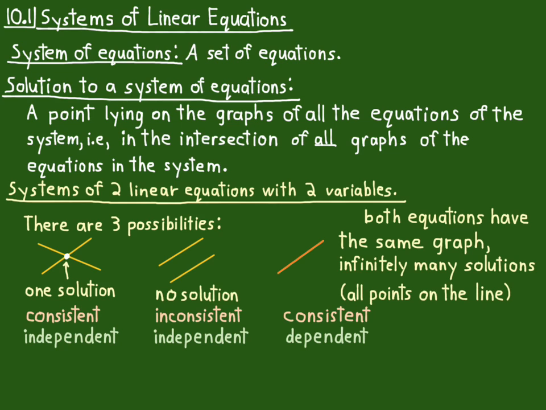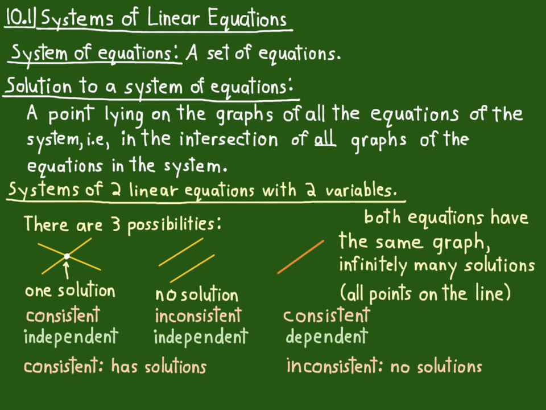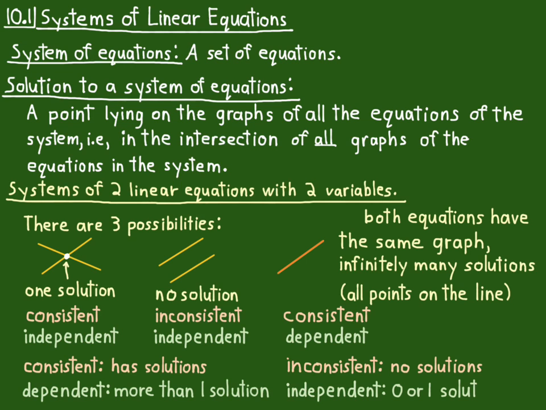But for us, independent is just going to mean either you get no solution or one solution, and dependent would be more than one solution. Okay? So consistent has solutions, and inconsistent, no solutions. Dependent, more than one solution, and independent, 0 or 1 solution.